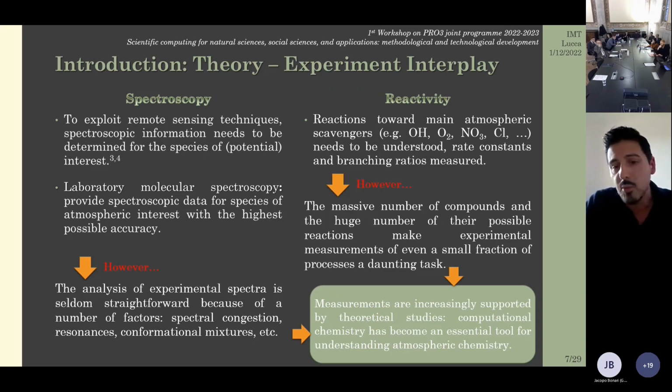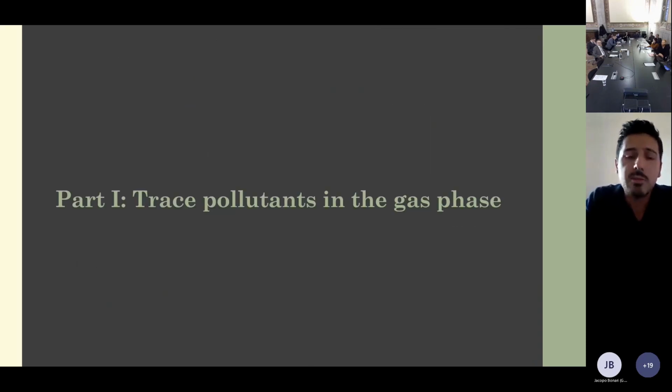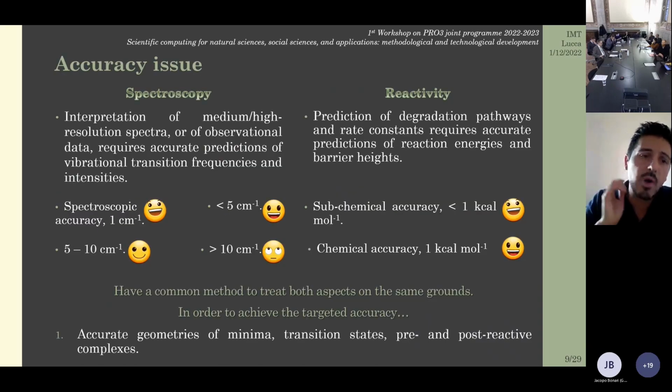Therefore, the experimental approach is very often a daunting task. And for this reason, experimental measurements are increasingly supported by computational simulations for both spectroscopy and reactivity, and these simulations actually help in the analysis of the experimental outcomes, and sometimes can be used directly to interpret the observational data. So let me enter therefore in the first part.